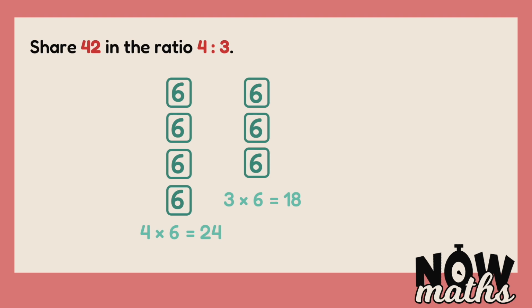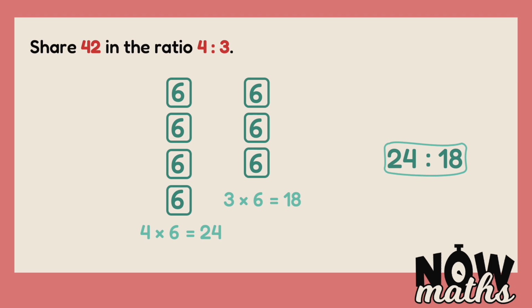So looking at the first part of the ratio first, we had 24 as the total of the 4 parts. And then looking at the second part, we had the 3 parts, which was worth 18. So we write our ratio answer as 24 to 18.